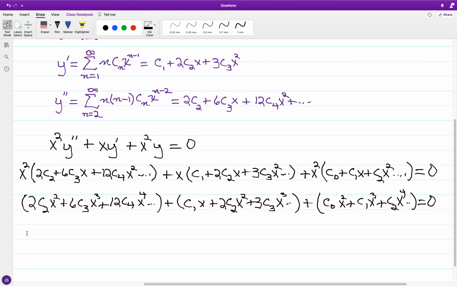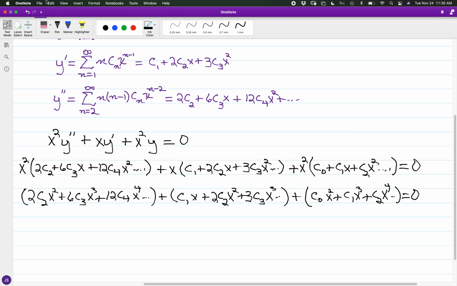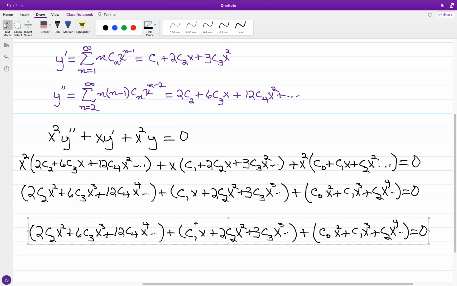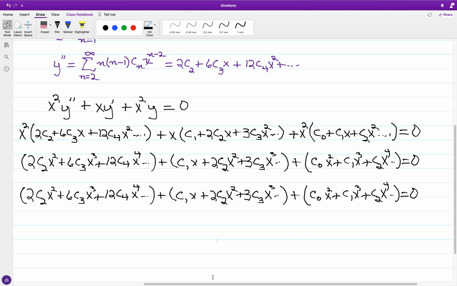I'll just copy this. If you notice, we have the lowest degree term at the front, an x squared, we have x, we have x squared. We have the coefficient subscripts 2 and 0.